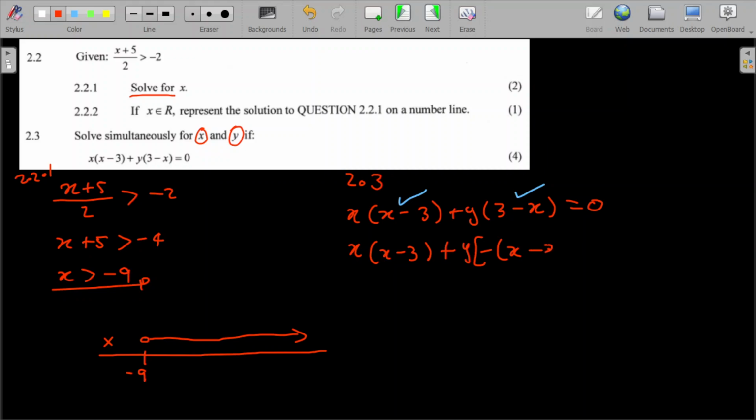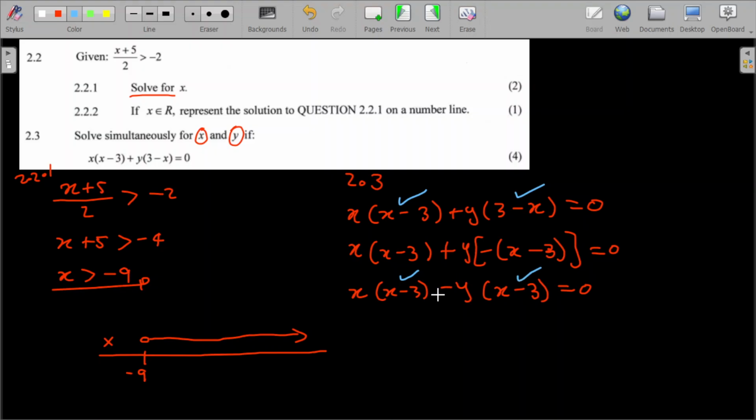So it's going to be negative (3 minus x)... I mean, x minus 3 in brackets, equals 0. So now it's going to be x minus 3, and then this positive y is going to times this, and then we're going to have negative y times (x minus 3) equals 0.